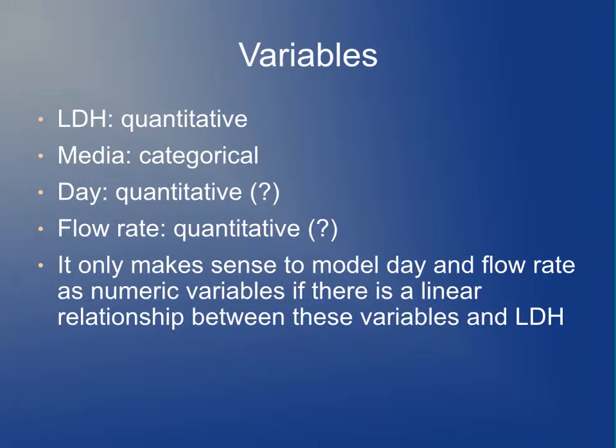And flow rate also only has 3 possible values, so potentially we could model them as categorical if we wanted to, and if it looks like there's a nonlinear relationship between the variables, maybe it makes more sense to model them as categorical.